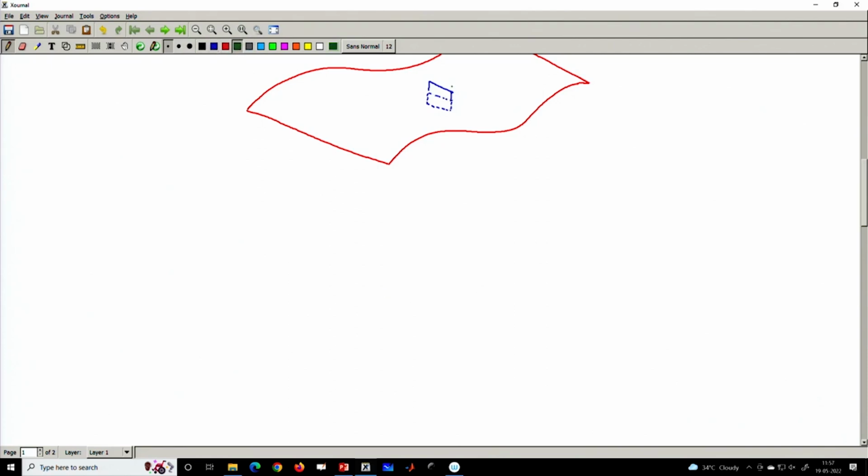Now, the current flow, the length of this loop, suppose from here to here, is say small l, and this is the way the loop is there, and the surface current is flowing.